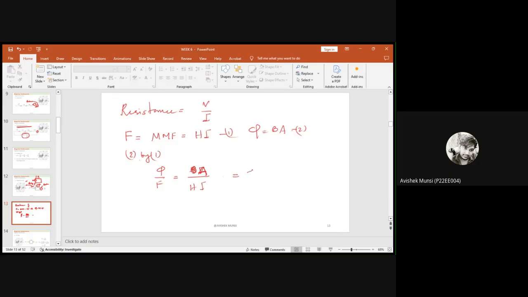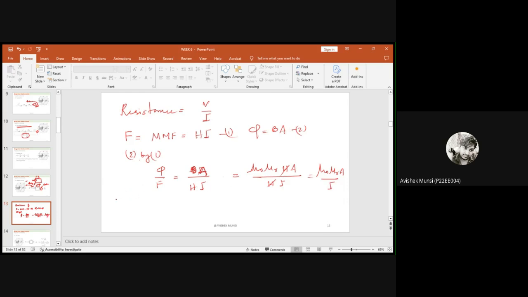B can be written as mu 0 mu R H, so H cancels out and it becomes A by l.